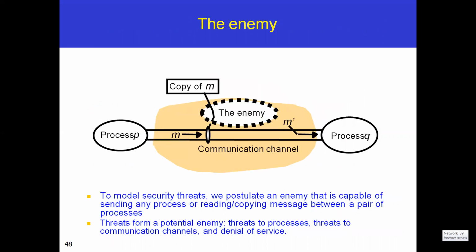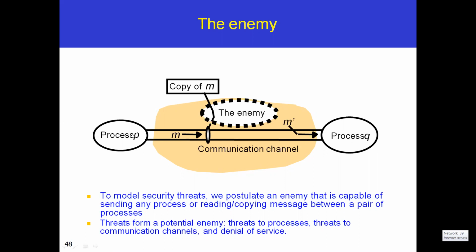Now the enemy. Here we have two processes. Most of you know this diagram well from cryptography and network security: between the sender and receiver, who is there? The enemy, an unauthorized person, is between the sender and receiver.